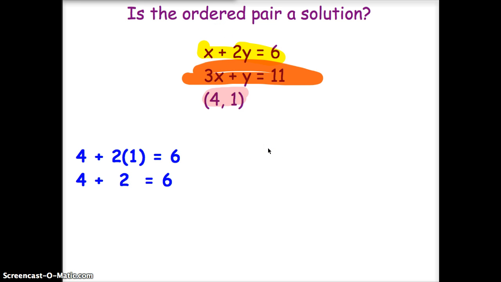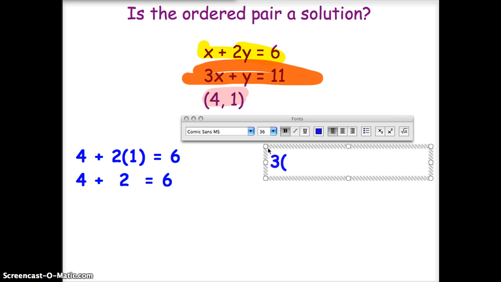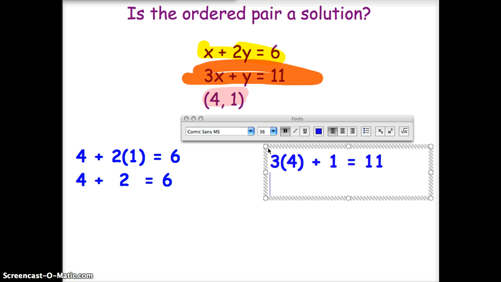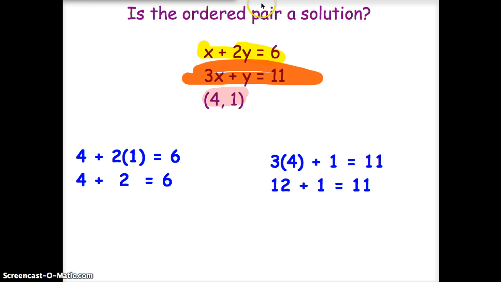Let's try the second. 3 times 4 plus 1, does that in fact equal 11? Well, 3 times 4 is 12, and 12 plus 1 is not going to be equal to 11. 12 plus 1 is going to be 13, so that is not a solution to both equations.